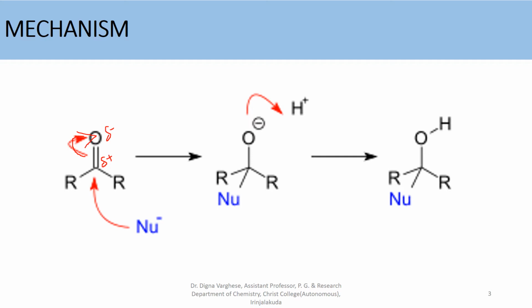So the nucleophile, which has a negative charge, attacks those species which have a positive charge. So the nucleophile can attack the carbonyl carbon. So the sp2 carbon atom changes to an sp3 carbon atom.